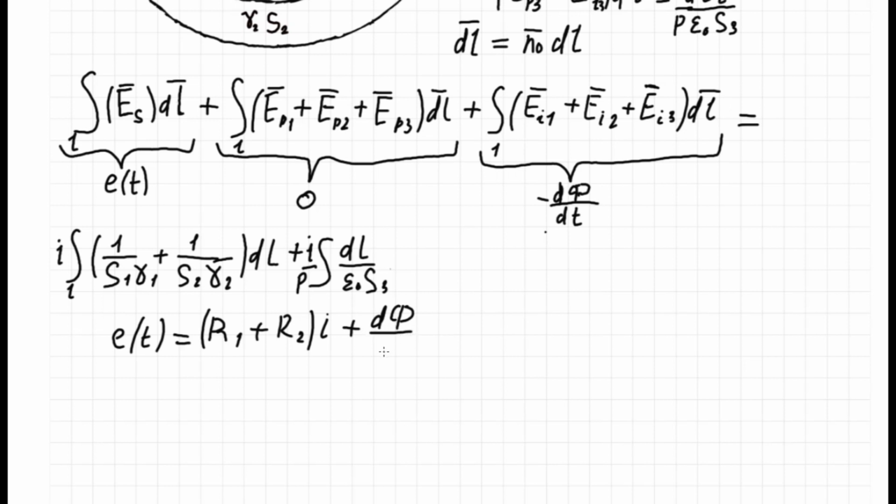dF dt plus this p, we write this part as 1 by capacitance and integral, times the integral of current dt.